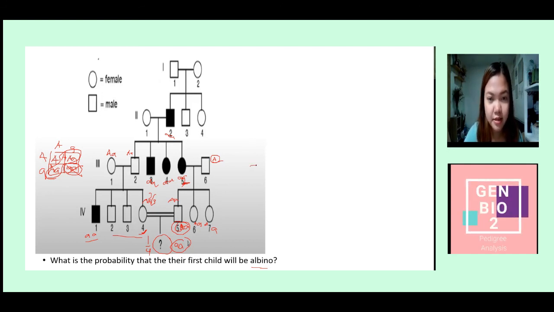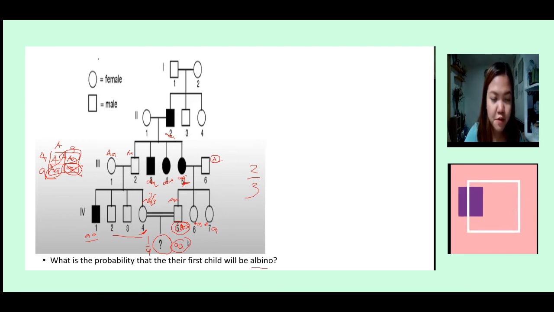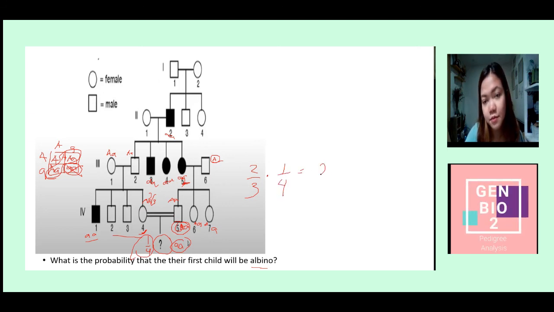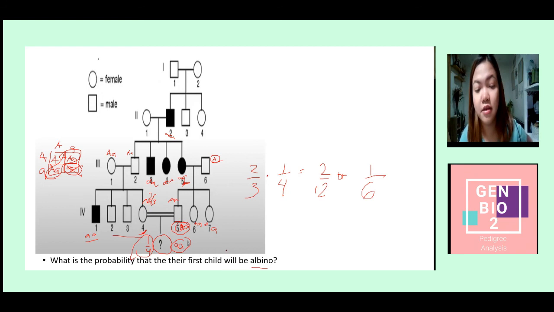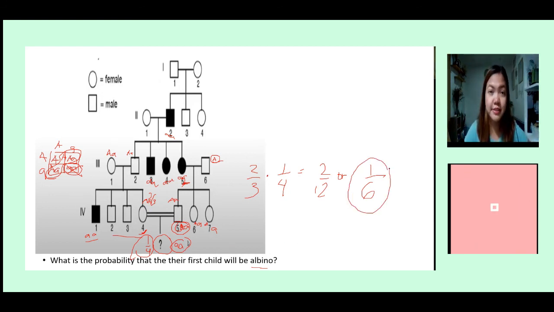So, multiply natin yung 2/3, the probability of her mother being hetero, times the probability of the child being albino. That will be 2/12 or 1/6. So, the probability of the first child to be albino will be 1/6.